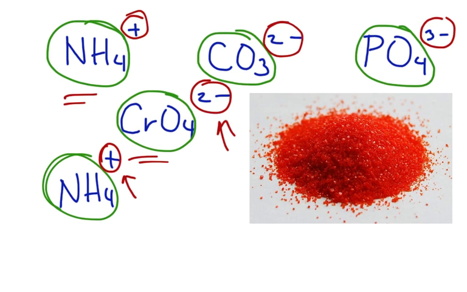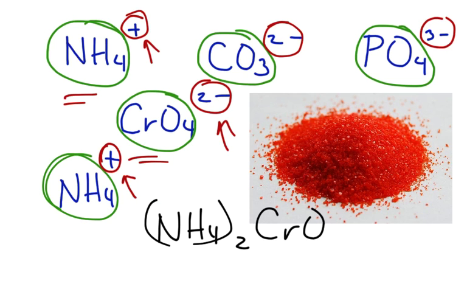So the plus and the plus together balance the -2. So this compound is going to end up being ammonium, and we need 2 of those, chromate. So ammonium chromate is this chemical. And now that I've just written that, I realize that's not even true. It's actually ammonium dichromate, but that doesn't change my problem.